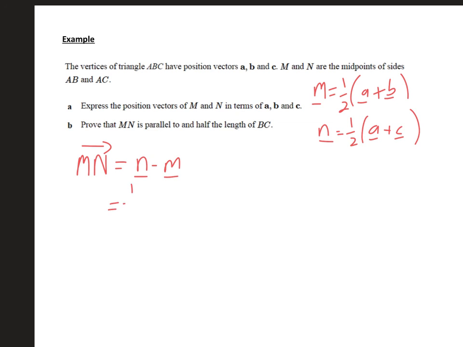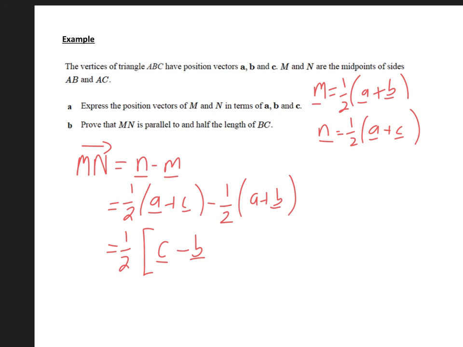So that gives me half (a plus c) minus half (a plus b). I can factorize out the half, and a minus a gives me 0 a's, and I get c minus b. So the a's just cancel out.